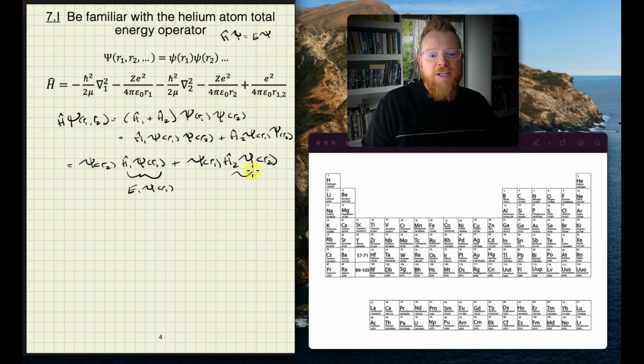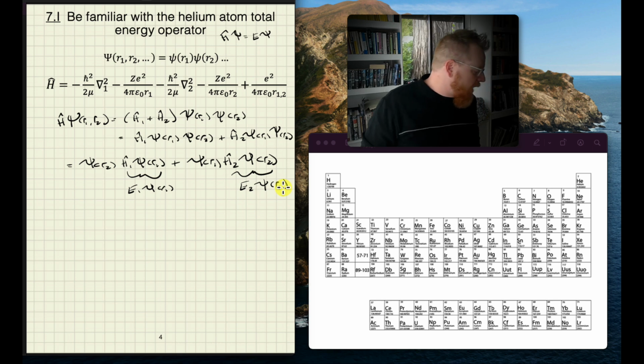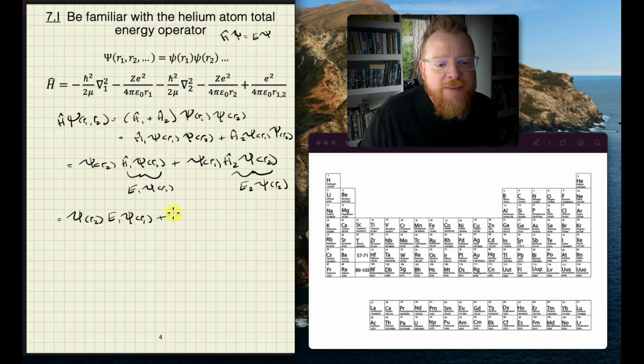And when H2 operates on psi R2, that's going to give me E2 and the original wave function. So now I'm putting this all together. We can write psi R2 times E1 psi R1, plus psi R1 times E2 psi R2.